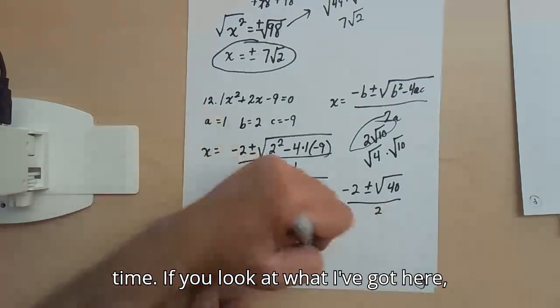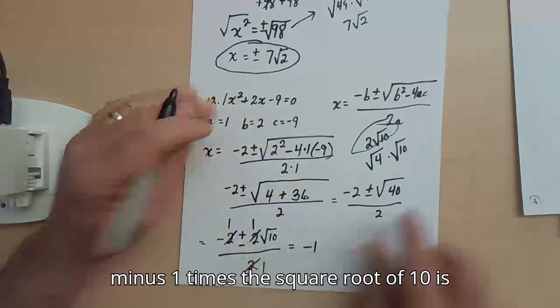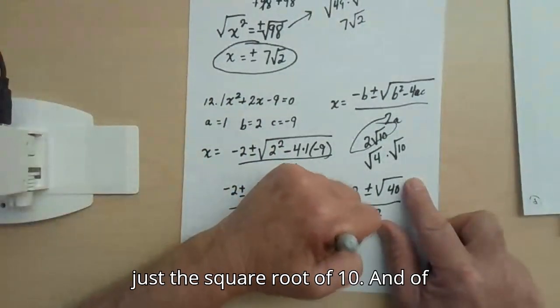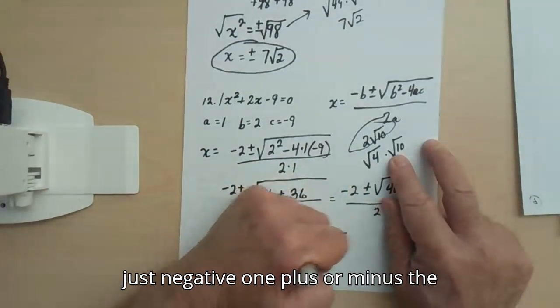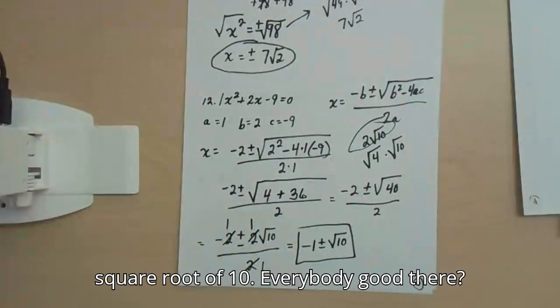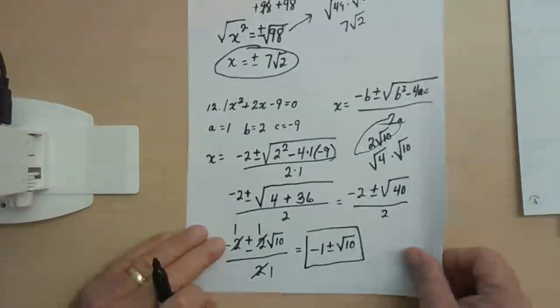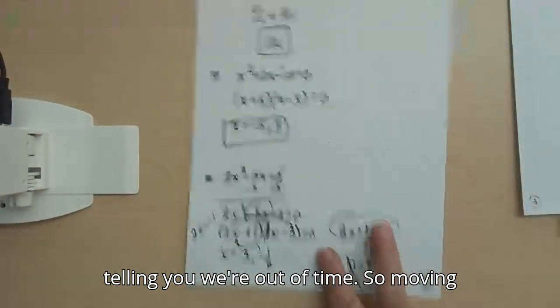If you look at what I've got here, I've got -1 plus or minus 1 times the square root of 10, which is just the square root of 10. And of course, that's all over 1, which is just -1 plus or minus the square root of 10. Everybody good there? We're good? We got to move on because I'm telling you we're out of time. So moving on.